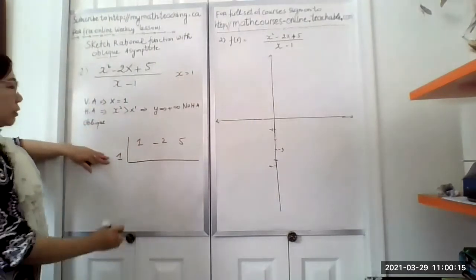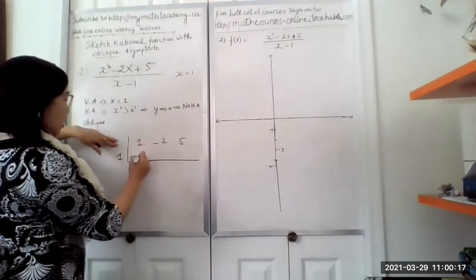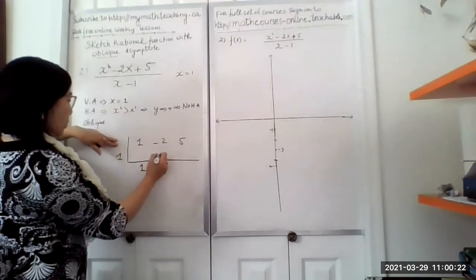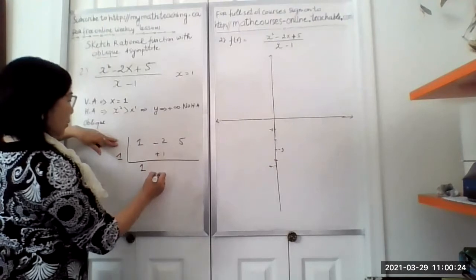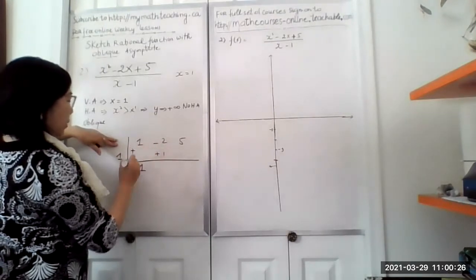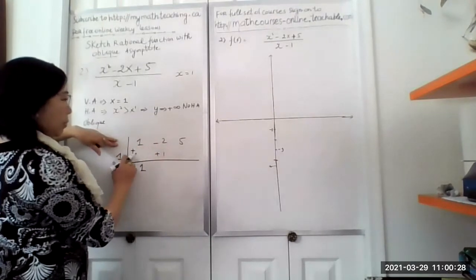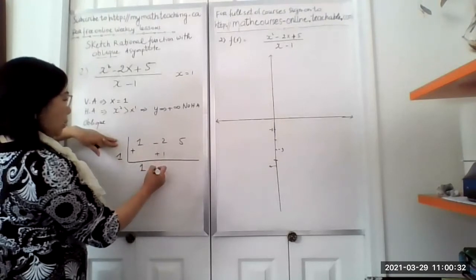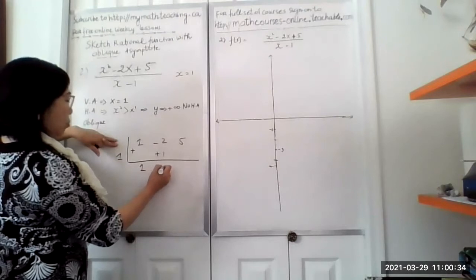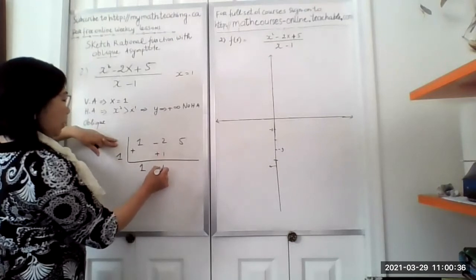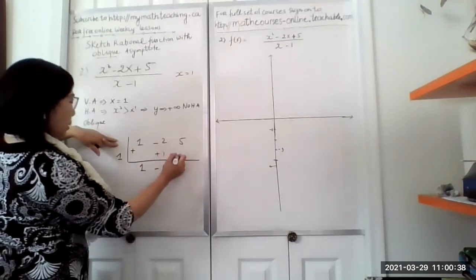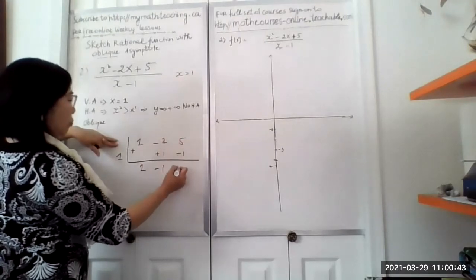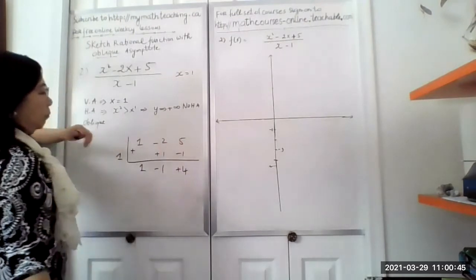I'm going to bring this down, 1. Now 1 times 1 is just positive 1. Minus 2, and we add this, right? For synthetic, we add them instead of subtract them. So minus 2 add 1 is minus 1. Now minus 1 times 1 is minus 1. So we add them, this will become plus 4.